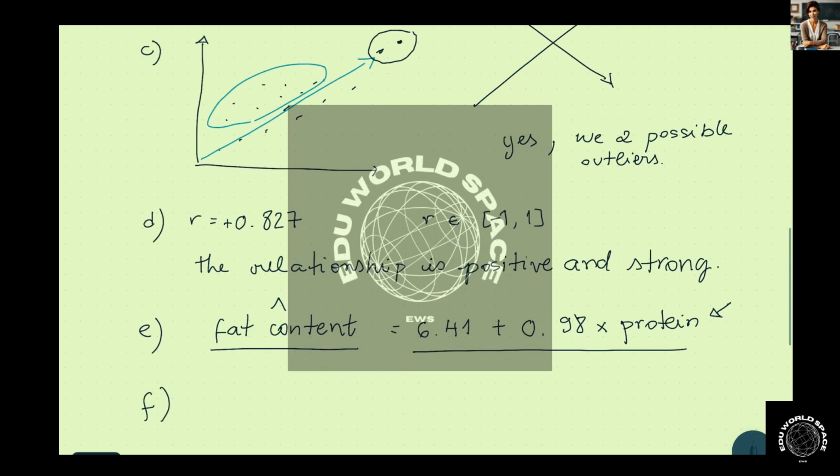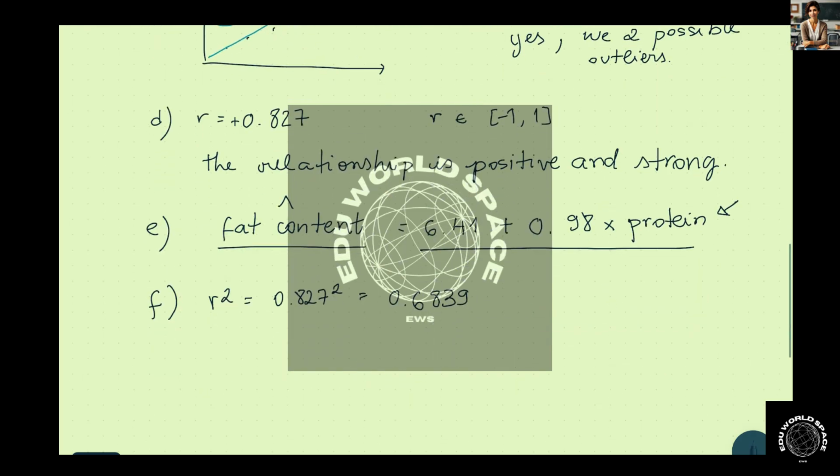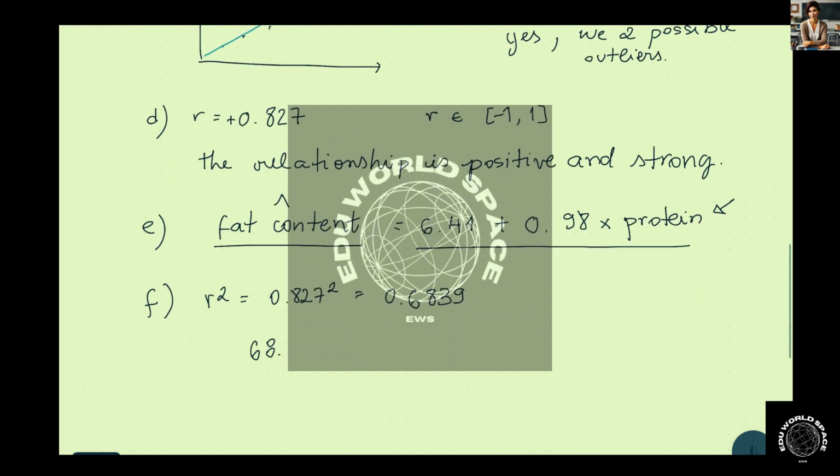For letter F, we should make an interpretation about the R square. So the R square here is basically the square of the correlation coefficient. So it's the square of this number that we have. This means that it will always be a value between 0 and 1. So 0.6839. But in the interpretation, we usually use the percentage, so 68.39%, and the interpretation is about the variability.